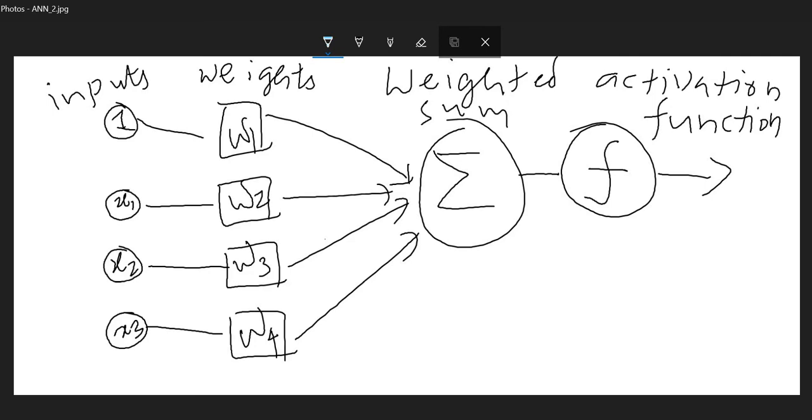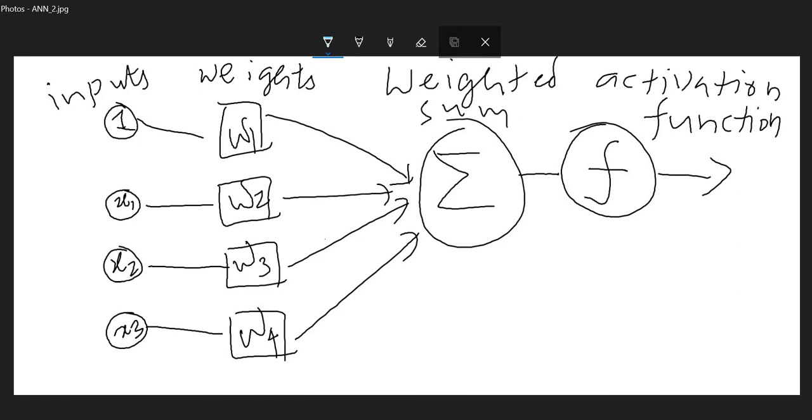I told you y is equal to mx plus c, where c is the y-intercept that represents the bias of the network. So the inputs can be the variable x1 and the bias. Then we need to apply the weights.